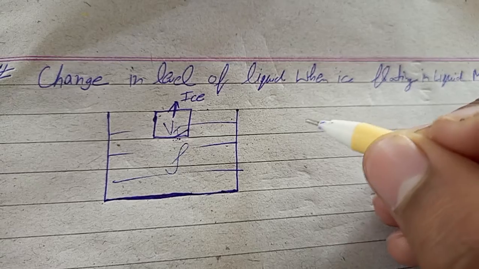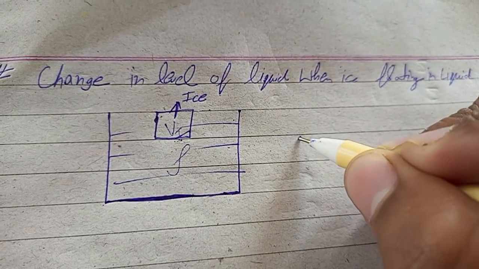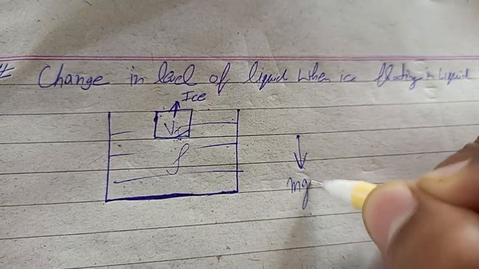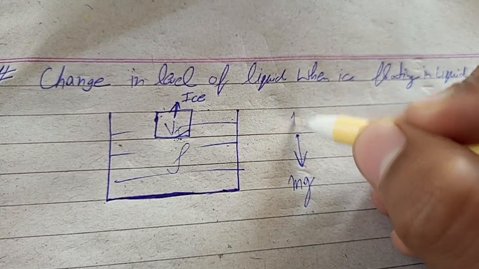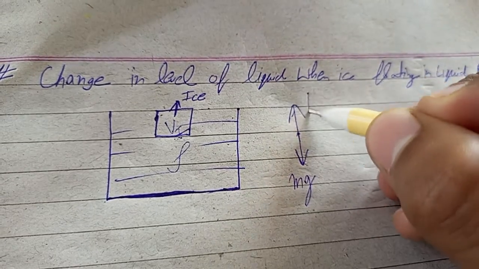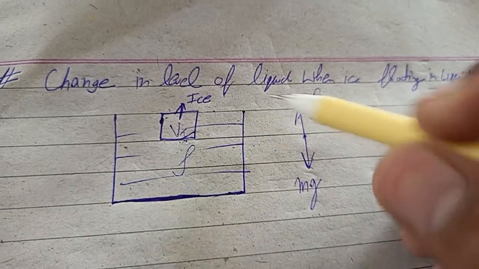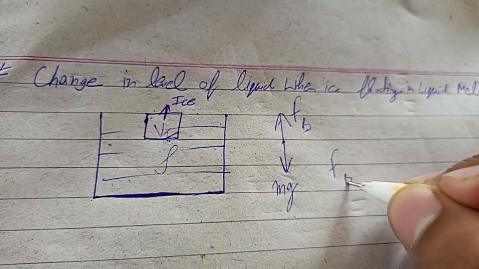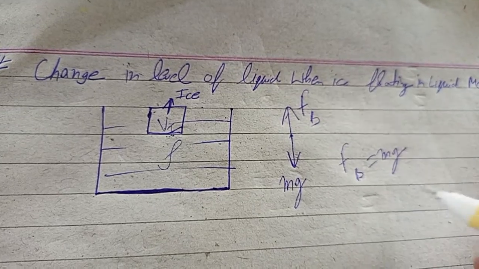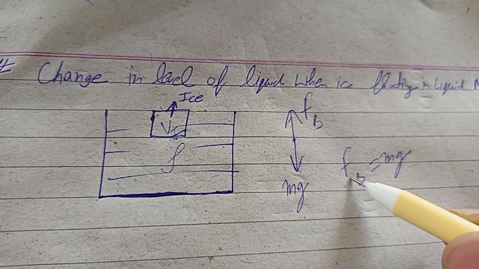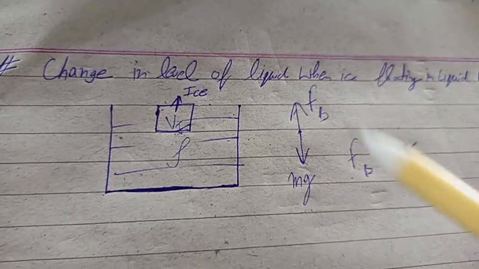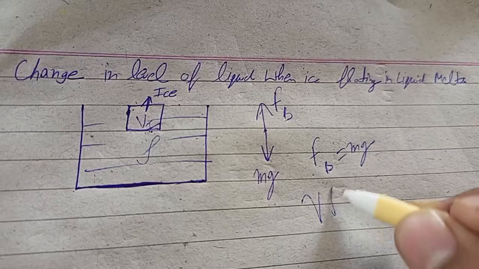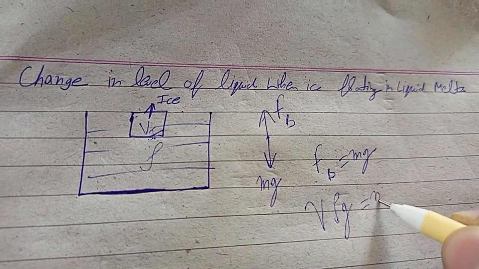Drawing the FBD, the ice cube will be experiencing its own weight downward, and a buoyant force upward. As the ice cube is in equilibrium, F equals mg, as the net force is 0. From the Archimedes principle, the buoyant force acting on any object is given by V rho g. So V rho g equals mg.